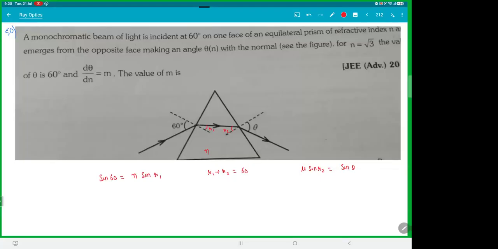Perfect. What you want is d theta by d mu. So d theta by d mu comes only from the third equation. So differentiate this. If I differentiate this, I get mu cos R2 dR2 by d mu plus sine R2 is equal to, this will be cos theta d theta by d mu.